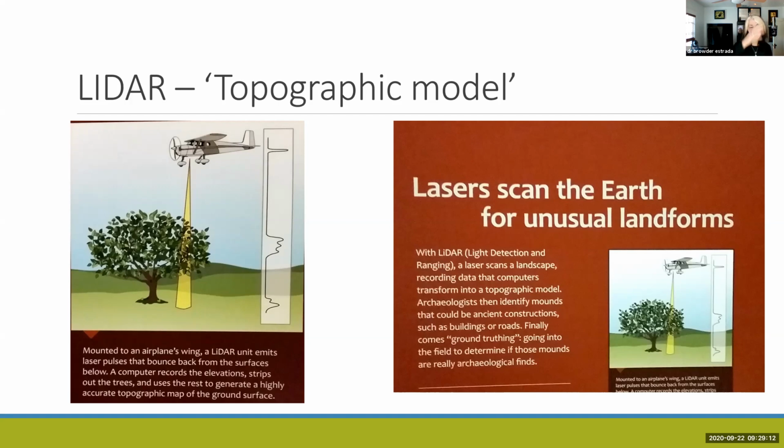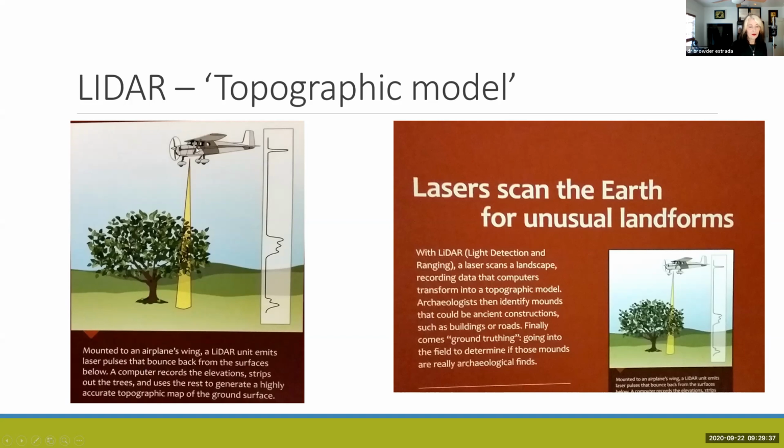In other words, it shows you the ups and downs of what's happening as the pulses are directed at the ground, and then they read how fast they come back up. The machinery is mounted on the airplane's wing, and sometimes you'll see this with a lowercase i because the LI refers to one word, light.